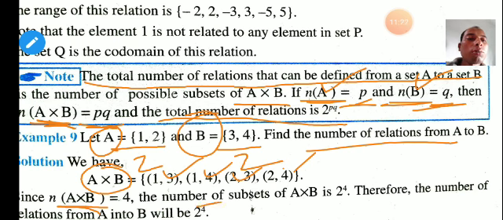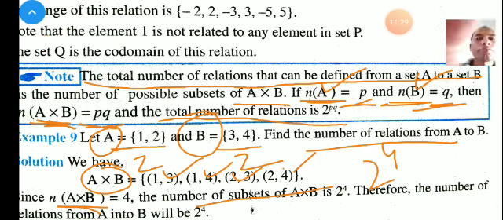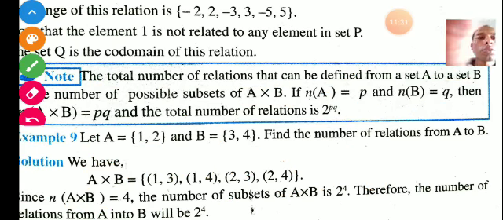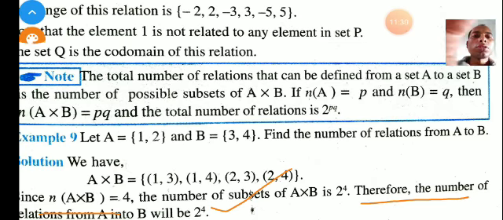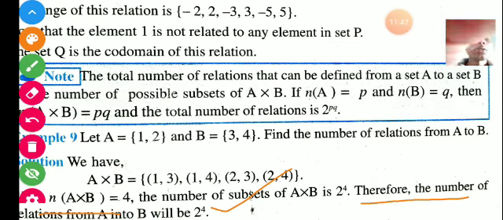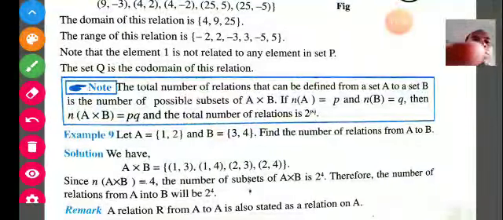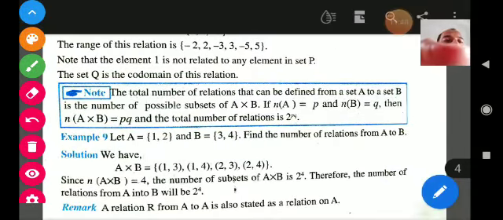And we know the number of subsets of A cross B will be 2 to the power 4. Therefore, the number of relations from A to B will be 2 to the power 4. This is the formula, and that is the example for that formula.